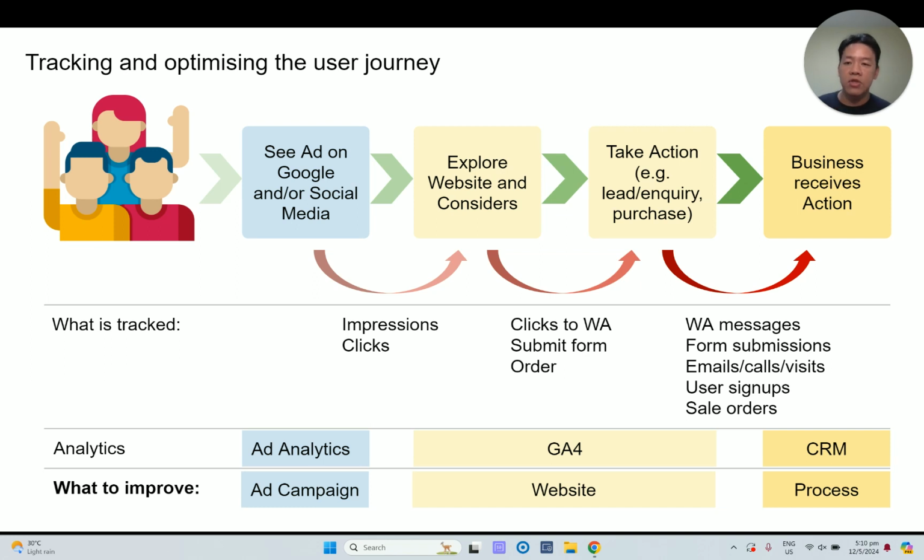Remember, every user is looking for a solution to solve their pain point. So it ultimately boils down to: do you have a solution that is solving their pain point? So assuming your solution as presented on the website is what they are looking for, this is where the user would then take an action, right?